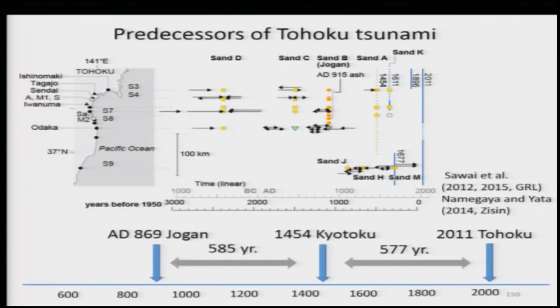Okay. Now based on this, what they were able to identify was that comparable to the Jogan tsunami 869, another one was in 1454, and for the third one the interval was quite significant. Okay. So almost the interval is 585 years.